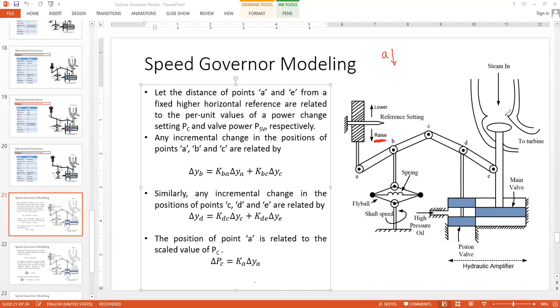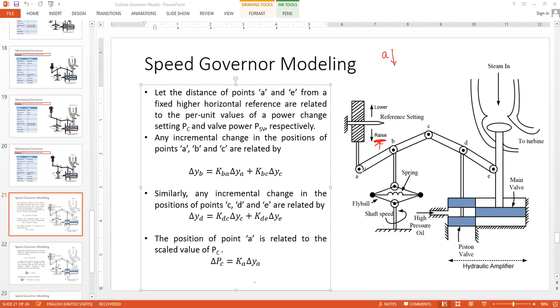That means ultimately that command will be satisfied by PSV. So there is an initial command raise, which means we are bringing point A downwards. If A goes down, remember, initially there is no change in shaft speed with the change in the position of A. So initially there is no change in point B.